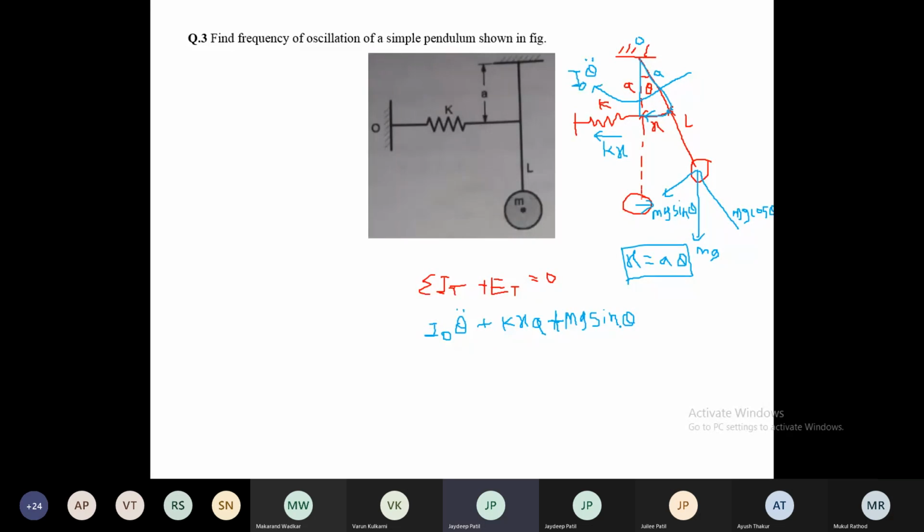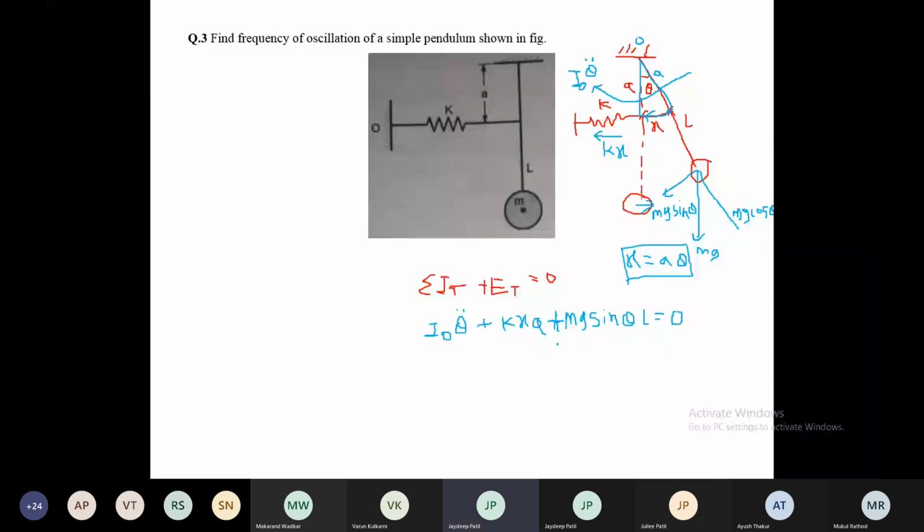Mg sin theta into what is the distance? L. Okay, is equal to 0. So now this is the equation.